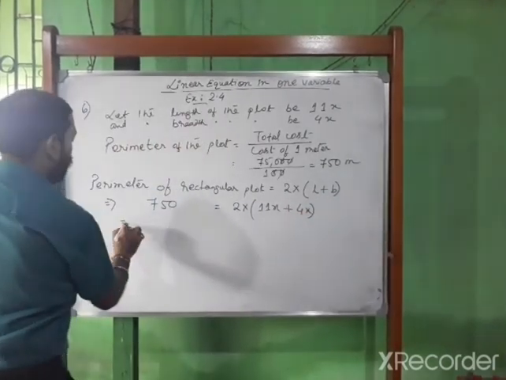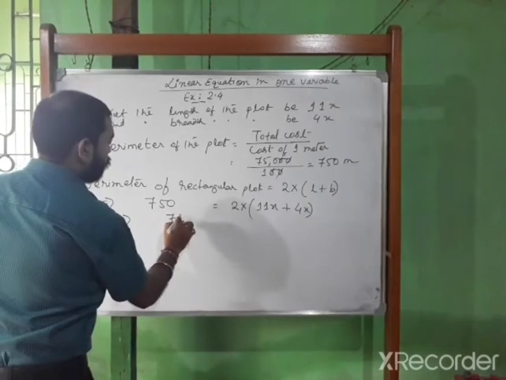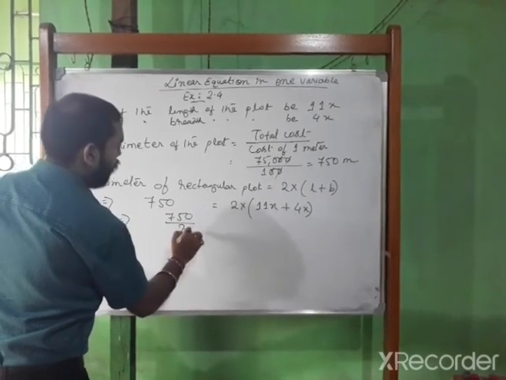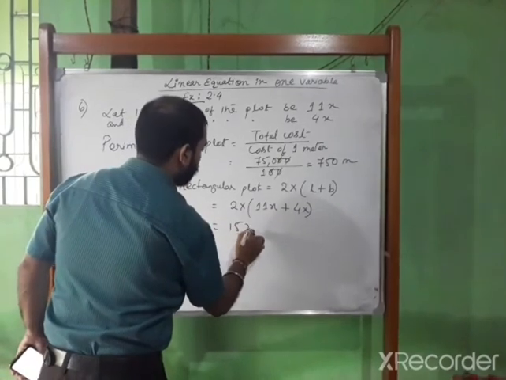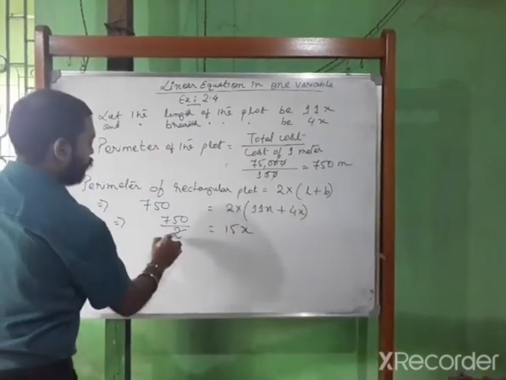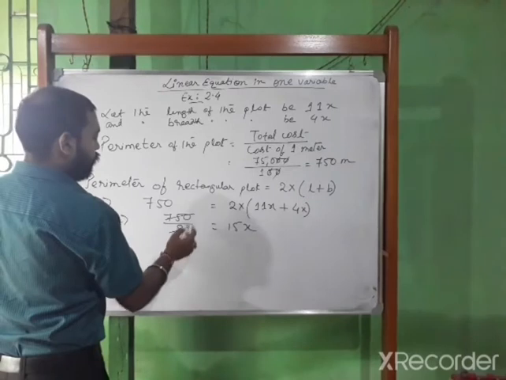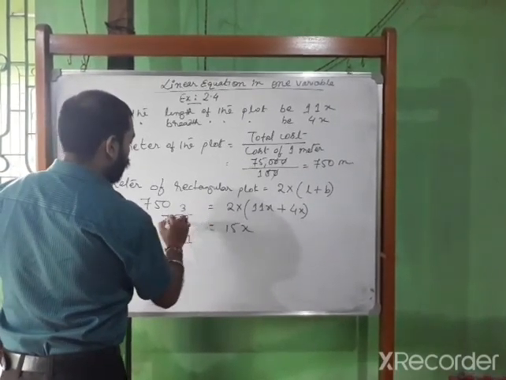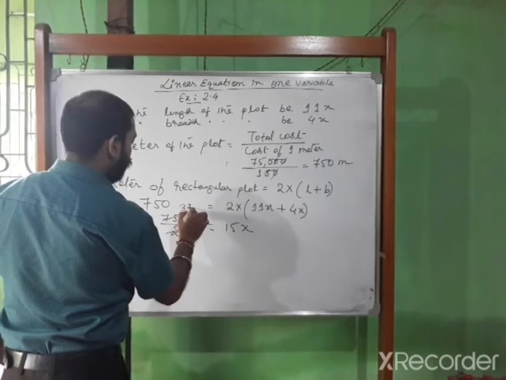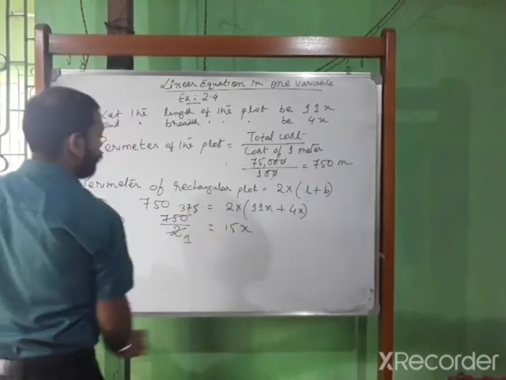Now this 2 we can bring to the other side, it becomes division. So 11x plus 4x is 15x, and 750 divided by 2 is 375.